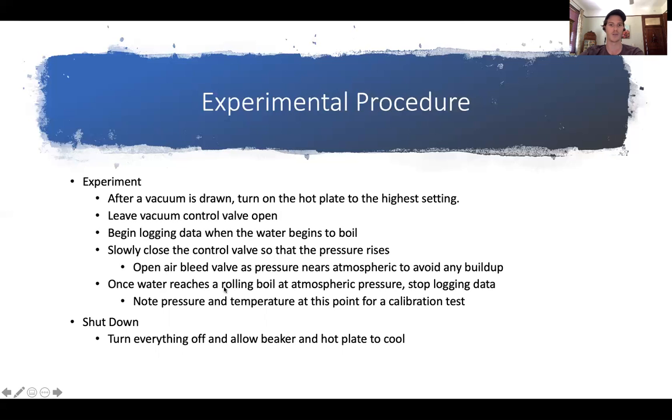Once the water reaches a rolling boil at atmospheric pressure, we stop logging data, and we note the pressure and temperature at this point for a calibration test later on. Our shutdown procedure is to turn everything off and allow the beaker and hot plate to cool before handling.